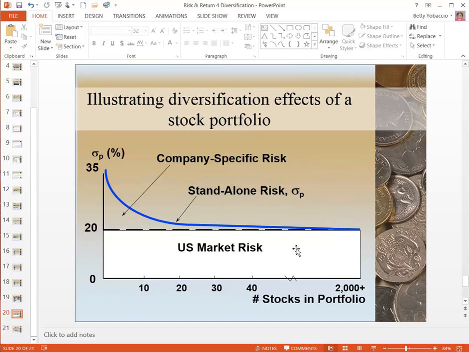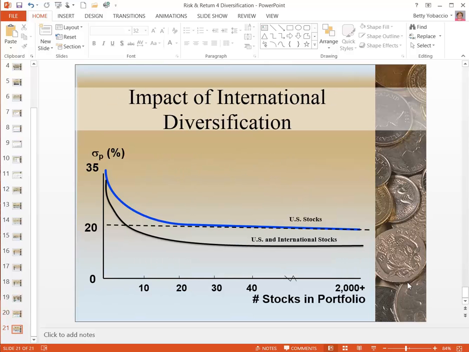And we can think about it in this way. If we have just U.S. stocks in the portfolio, we get the same blue line that we did before that's asymptotic to the U.S. market risk.